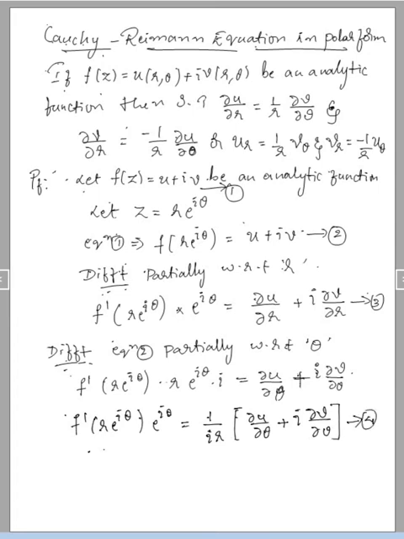Now equating 3 and 4. Since the left hand side is the same, we can equate the right hand side of equations 3 and 4. I am going to get del u by del r plus i into del v by del r is equal to 1 over i r times of del u by del theta plus i into del v by del theta.